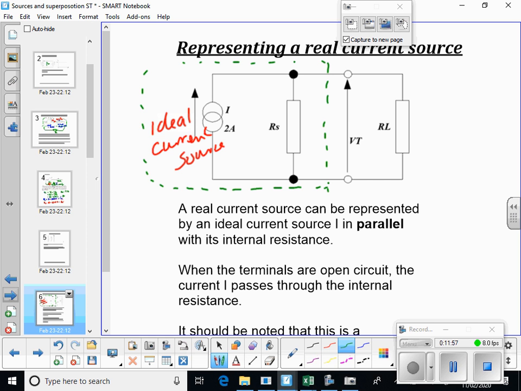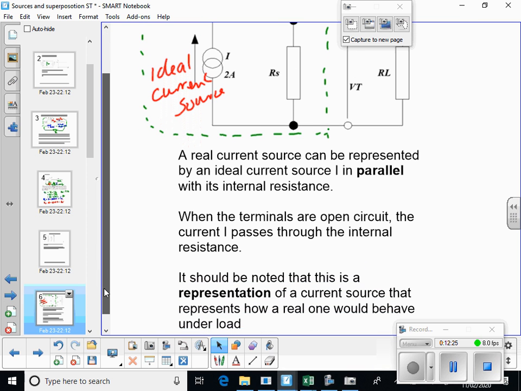And so we're representing the lost current path through RS. Whatever you put on the end, you'll lose some current through here, because there's a parallel path. So when the terminals are open circuit, the current I passes through the internal resistance, and you lose all of it.